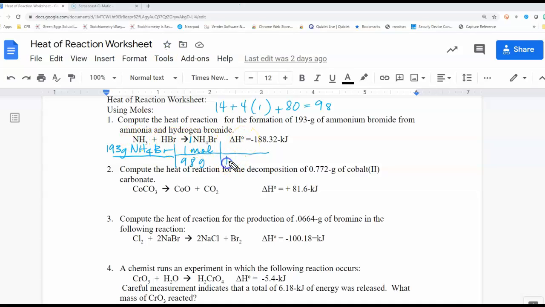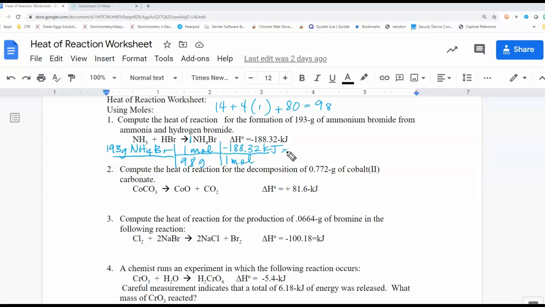So 1 mole of ammonium bromide produces negative 188.32 kilojoules. Then it's just a matter of multiplying and dividing, and you're going to see that this kind of thing happens over and over again in the same format.